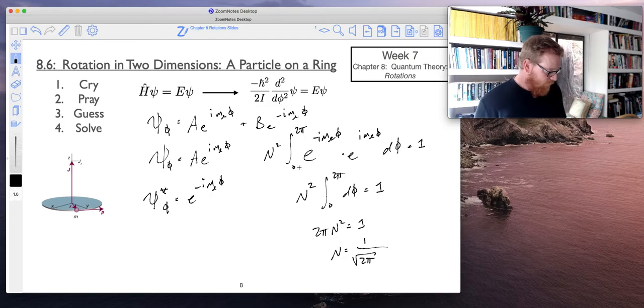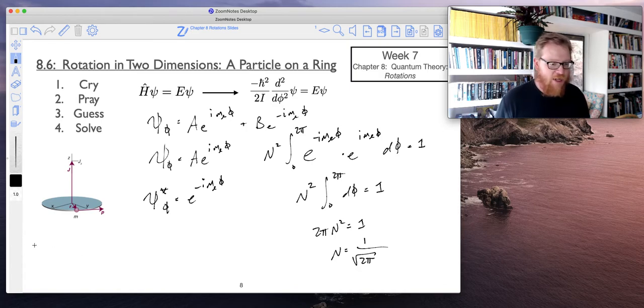So what does this mean now? Well, if we look at our wave function, I'm going to write it as psi of phi equals 1 over the square root of 2 pi times e to the i ml phi. And what about this ml? Can we get those quantum numbers that we talked about out of this ml in a different way?